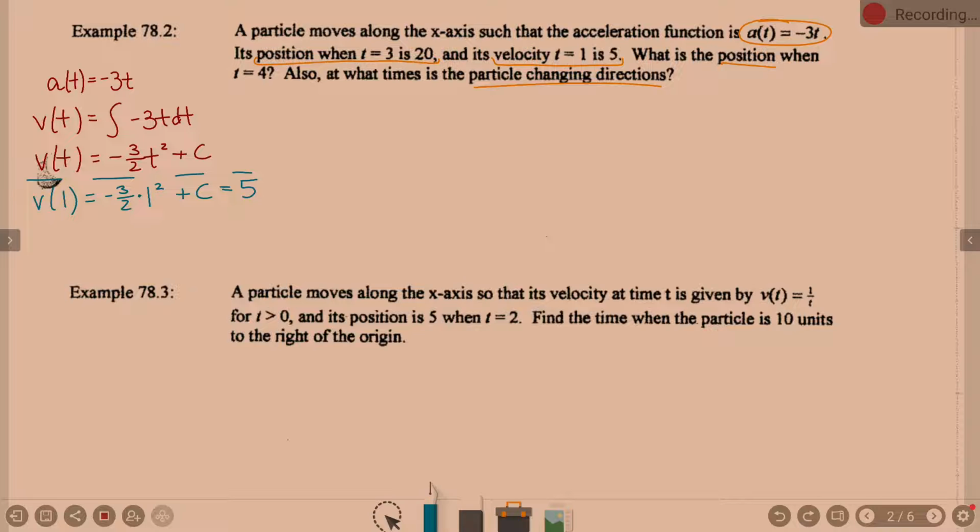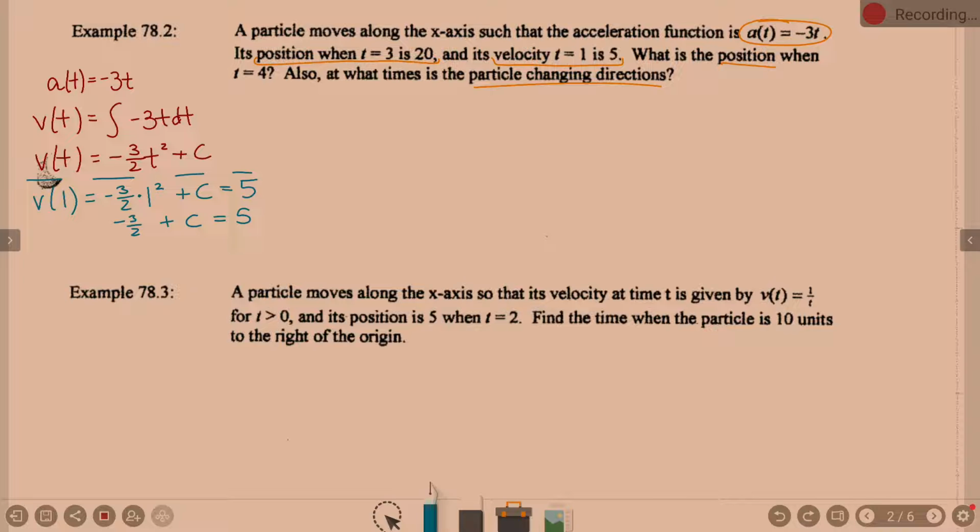Do the math. Negative 3/2 times 1 squared is negative 3/2 plus c equals 5. We're trying to solve for c. I'm going to add the 3/2 over.